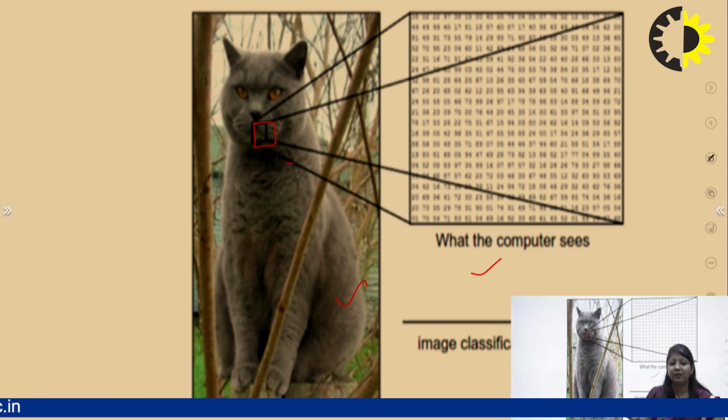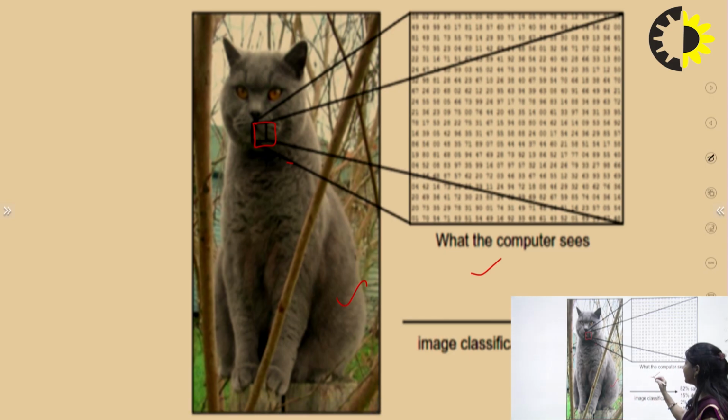If we are using a grayscale image, the intensity is 0 to 255. If we have an RGB image, then the image is 3D, with three channels, red, green and blue, and the intensity varies from 0 to 255 in the red channel, similarly in the green channel and similarly in the blue channel.